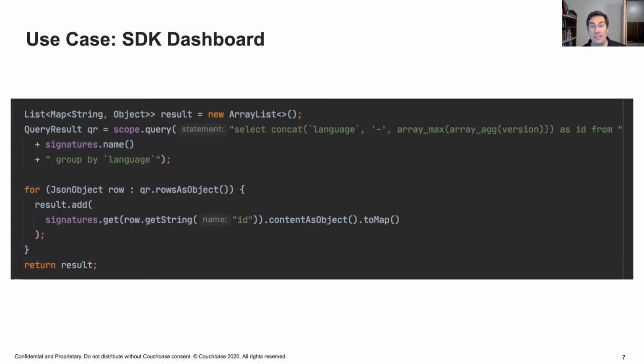So if we don't do anything else but group by language, what we'll basically get is Java, and then an array of versions, etc. Right? But what we want to do is extract the newest one. So if you look inside our Nickel query here, we can see two nested array functions. There is array aggregate and array max.